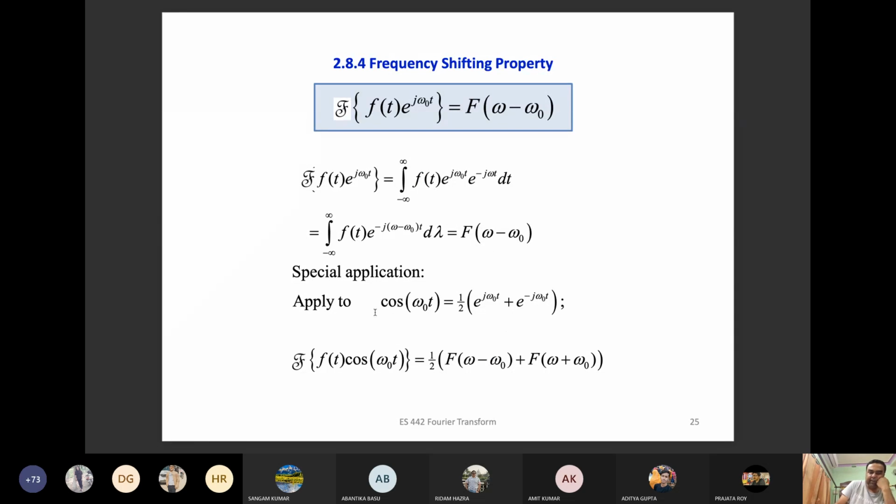Now, a special application: cos ω0t equals half of e^(jω0t) plus e^(−jω0t). What is this theorem called?